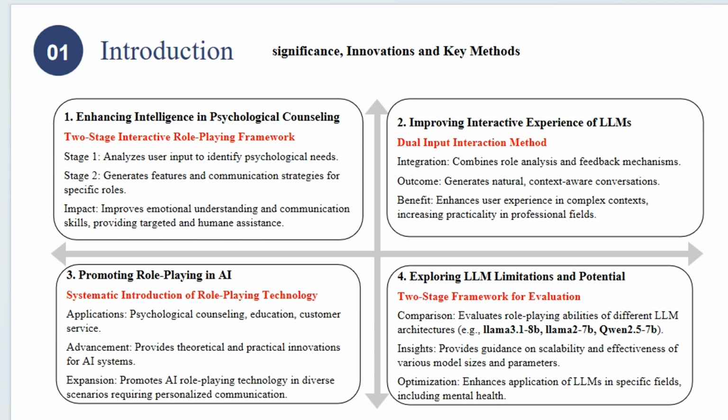In conclusion, this study constructs a dialogue dataset of psychological counseling, proposes a prompt method based on a two-stage framework to optimize the role play ability of a psychological counselor, and compares the cosine similarity calculation index with the model automatic evaluation, verifying the effectiveness of the model automatic evaluation method.